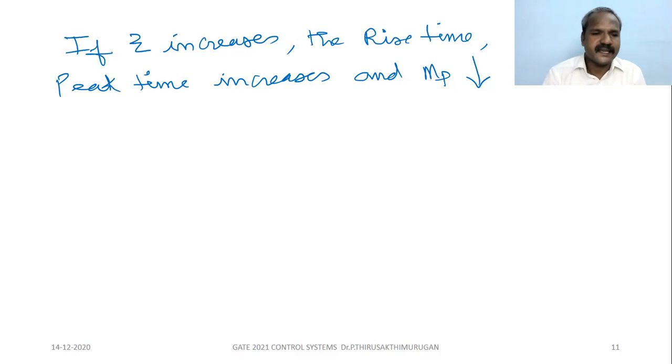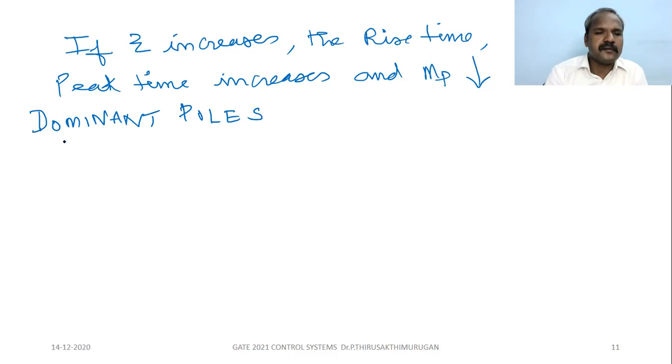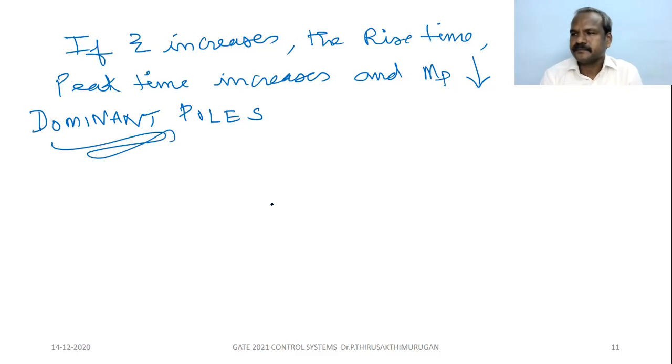Okay. Next, what is dominant pole? If the system consists of more than one pole, the entire transient response, that is speed, is determined or dominated by the near poles, and far away poles are ignored.